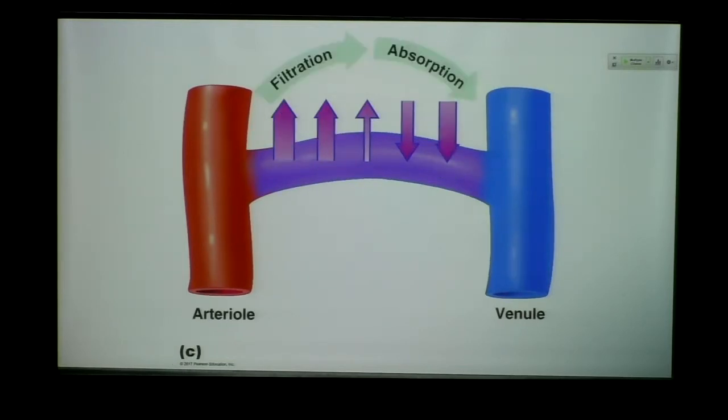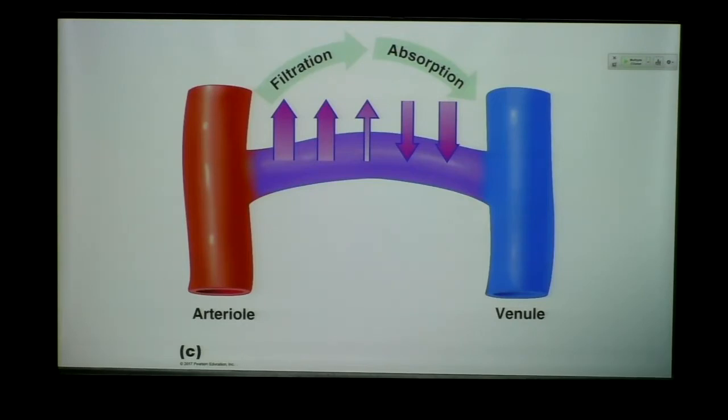Basically that makes sense. If we are diffusing materials, oxygen, nutrients across the capillary bed, we need a filtration force more dominant on the arterial end. And as we get closer to the venous end, we want to reabsorb carbon dioxide and other metabolites. And so we have a stronger force for absorption over towards the venous end.